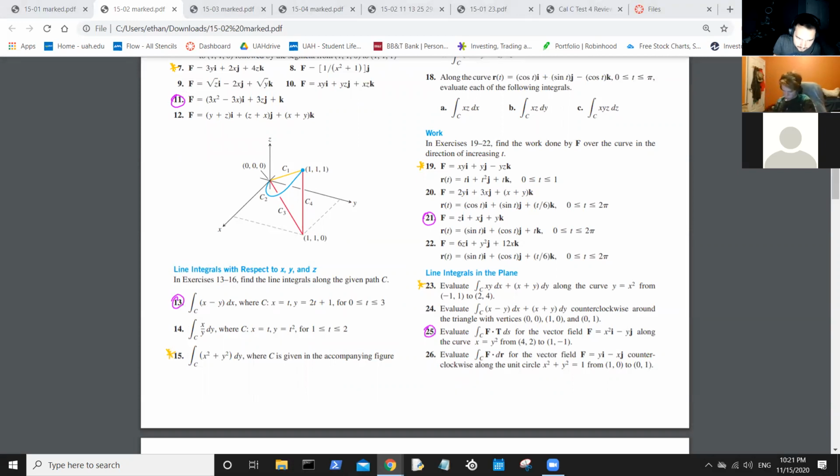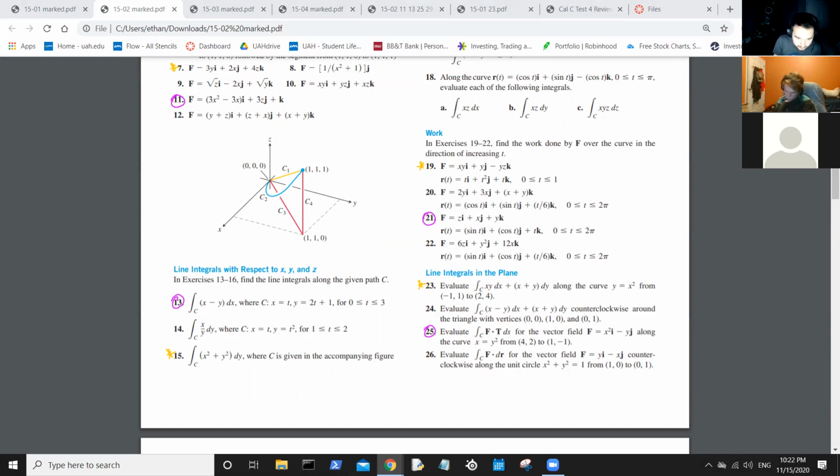So this is going to be sine t i plus cosine t j plus, wait, I added into the f, right? I did it backwards there. t i.